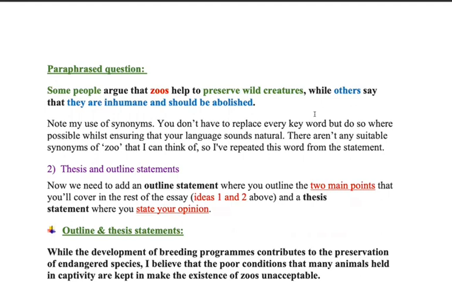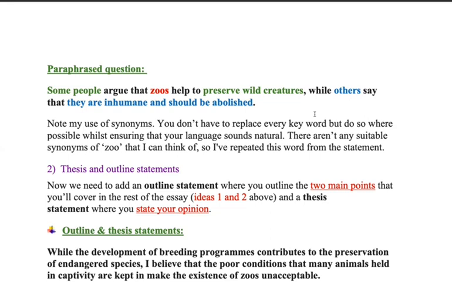Instead of cruel, the word is inhumane, or cruel, brutal, harsh, suffering. All of them have the same meaning. So inhumane instead of cruel, and should be abolished. Abolished means to put an end to something, okay? It's like to cancel something. It is abolished instead of closed down or shut down, okay?